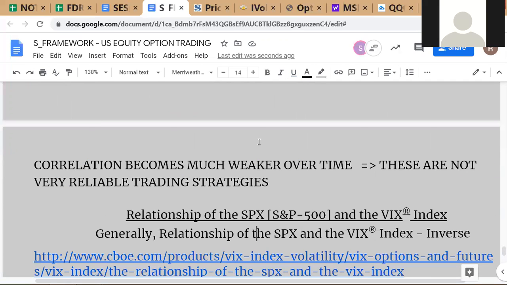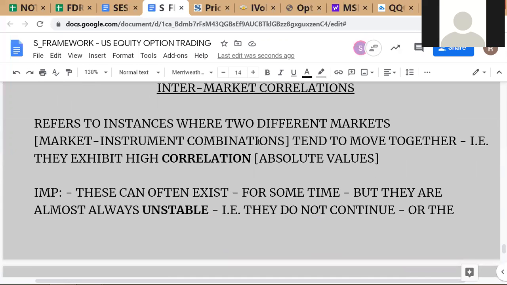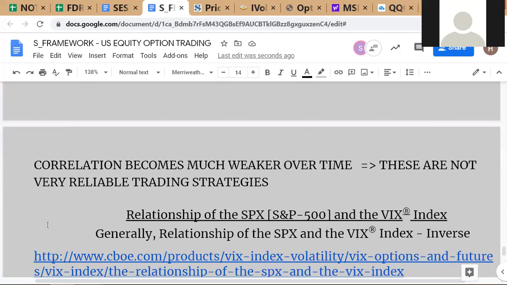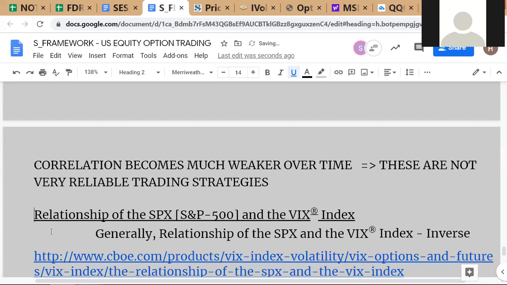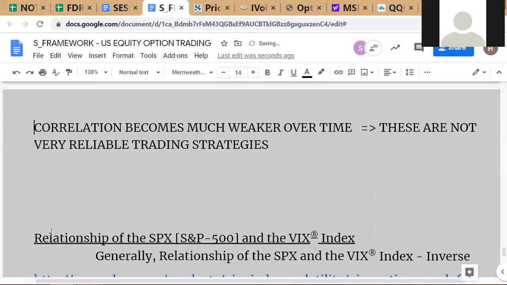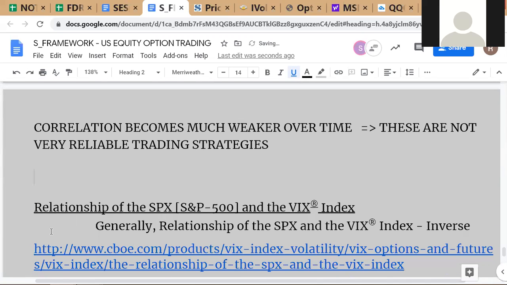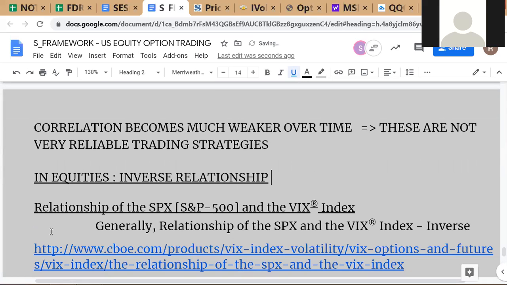let's put another subtopic under this, okay, intermarket correlations. Under that, we have this concept. We'll move this to the side. So this is a topic underneath that. So we'll say that in equities, this is an inverse relationship between eyeballs and underlying.